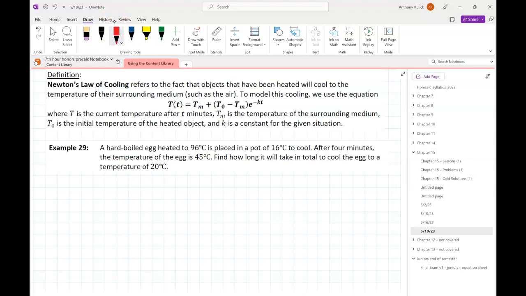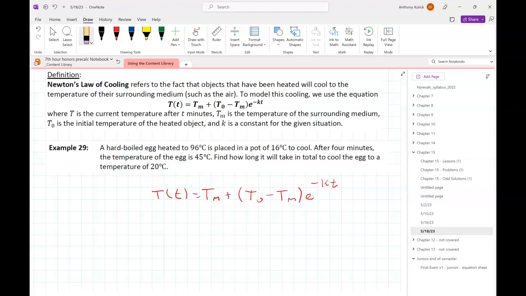So hopefully it's pretty obvious by reading the question that we're talking about stuff cooling off. In this case, it's some eggs that we're boiling. So we're going to be using Newton's law of cooling.